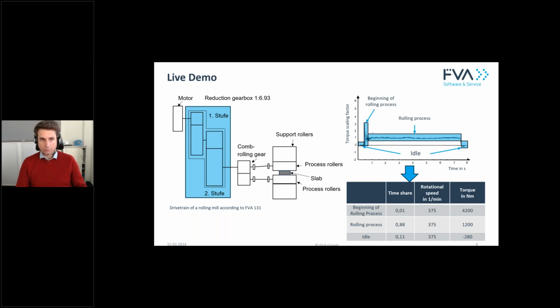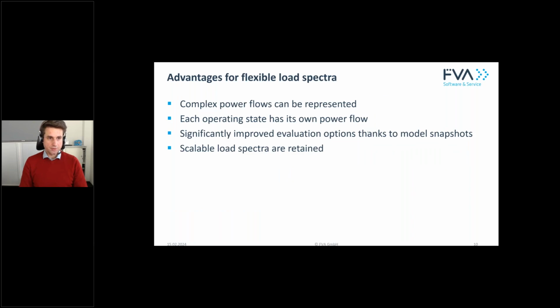So let's go back to our presentation and summarize it. The advantages of the flexible load spectrum is that we can have complex power flows, meaning if you have a complex machine with multiple power outputs or multiple power inputs, you can take them into consideration and build it in a load case.